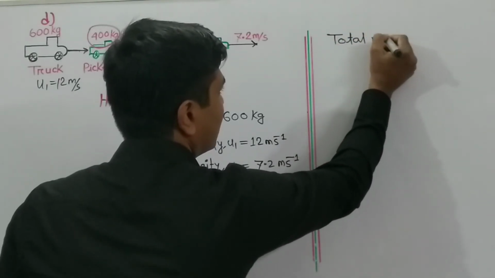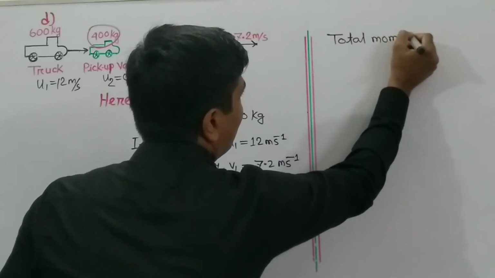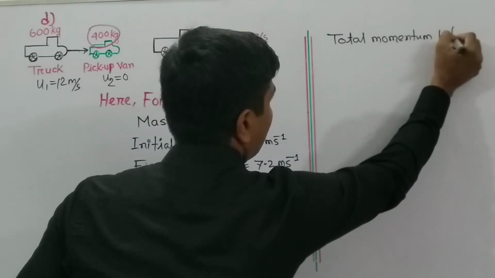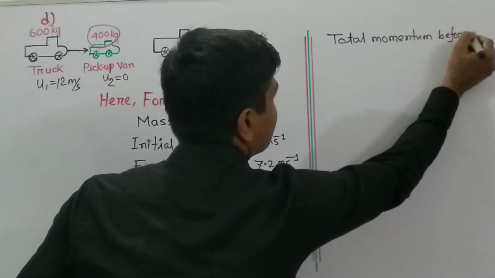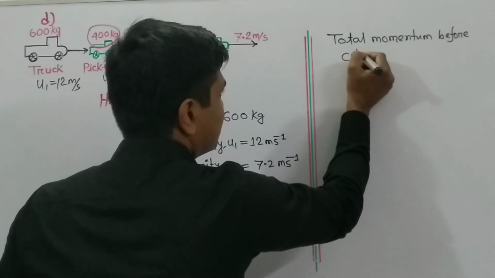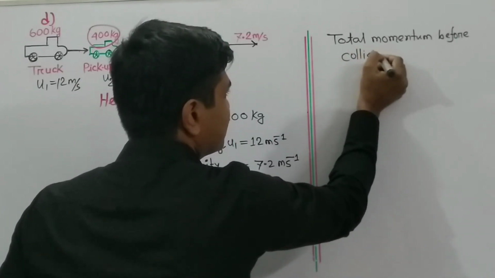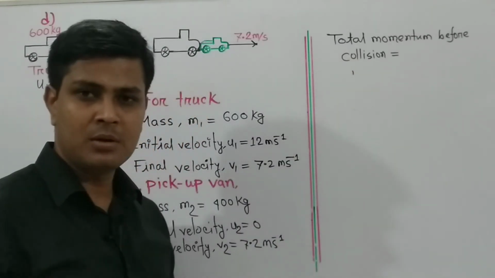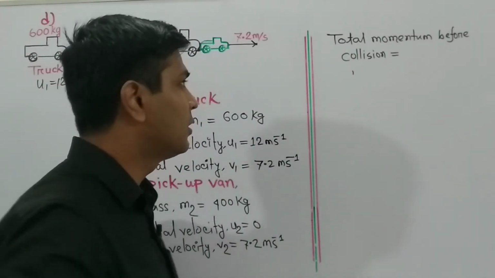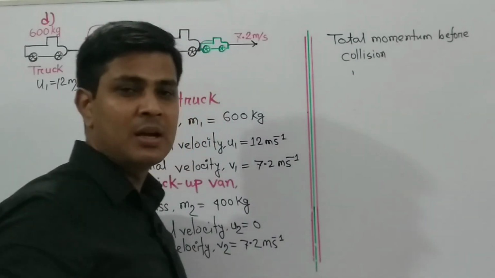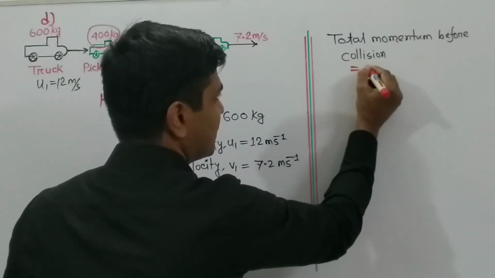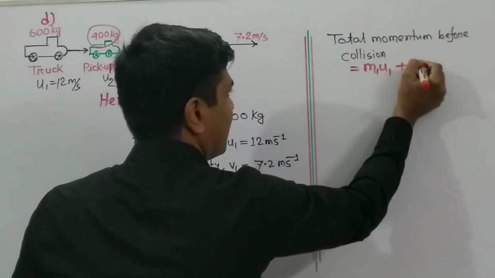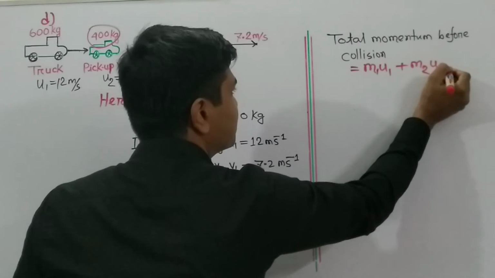Total momentum before collision, and the formula is m1 u1 plus m2 u2.